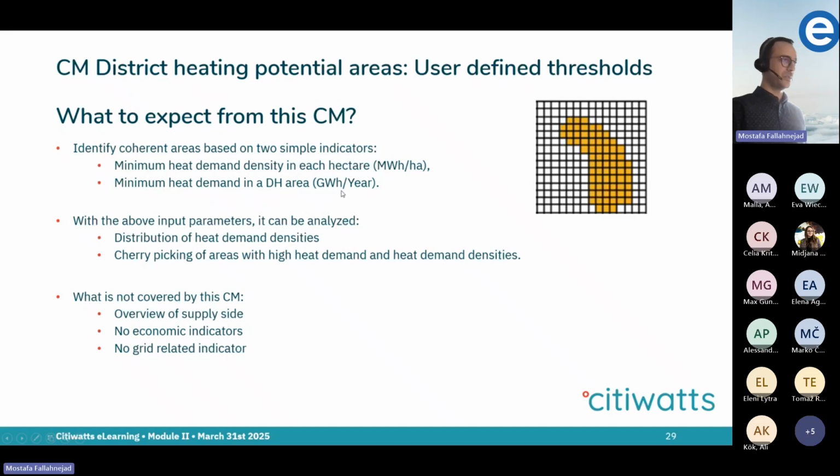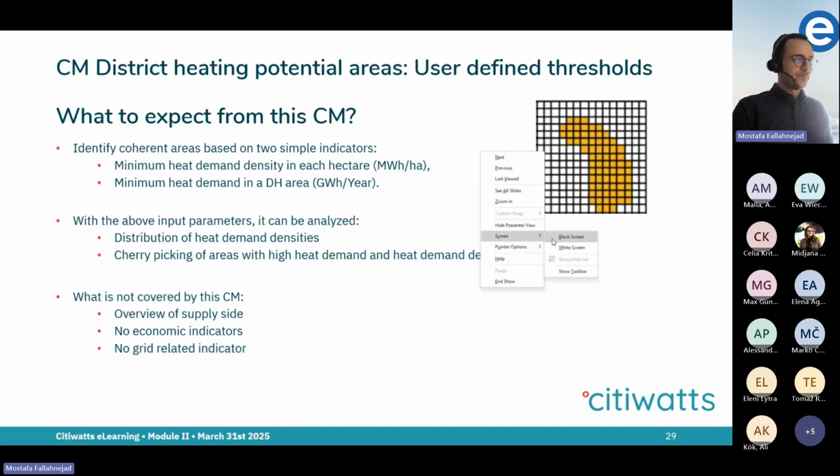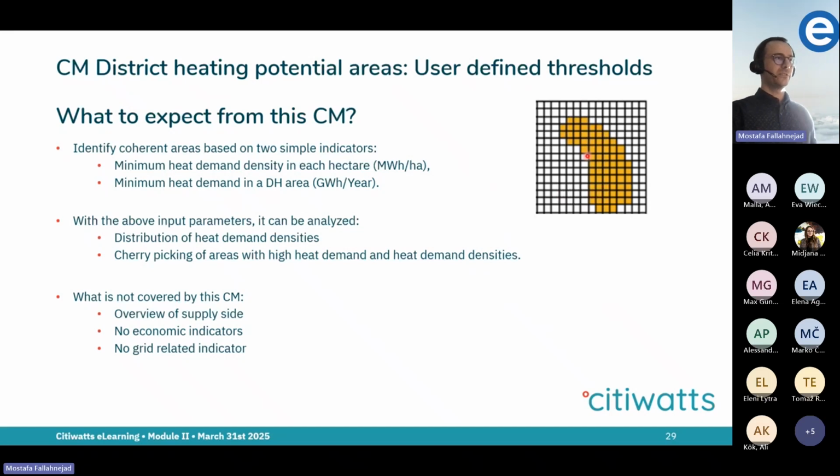And with these two input parameters, we look if every pixel is fulfilling the first criterion, and then once we have those pixels selected, we look if any connected areas, like the one I have shown here, if those colored areas fulfill the second criterion. And if this is the case, then it will be shown on the platform.